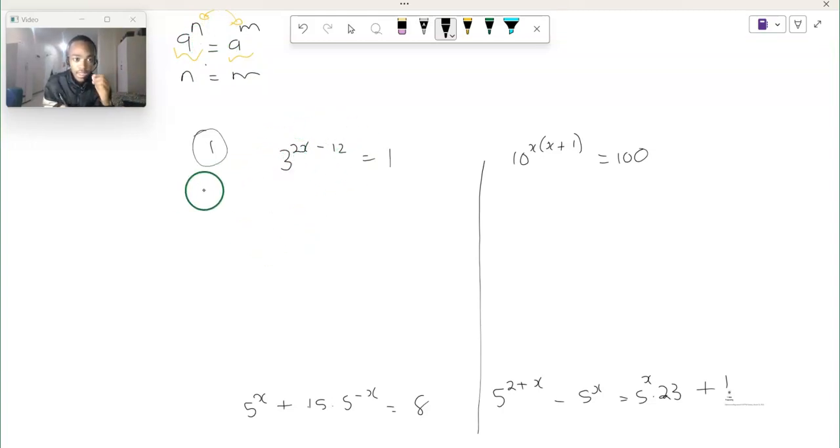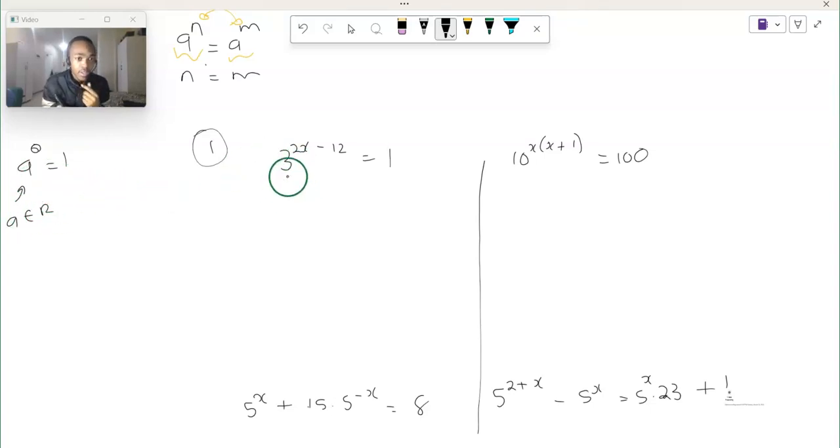So now let's look at the easy ones first. You can see here 3 to the power 2x minus 12 is equal to 1. We said in our prior lesson that a to the power 0 will give us 1, where a is an element of the real numbers, so a can be any number.